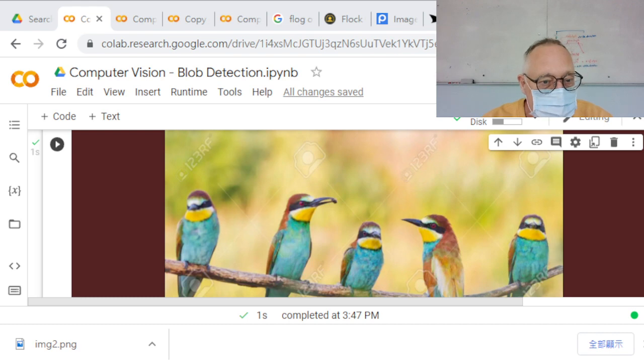Yeah, this is 575 times 436 instead of 640 by 480. That's because it's scaled in the browser when it's displayed. So we need to change those coordinates a little bit.